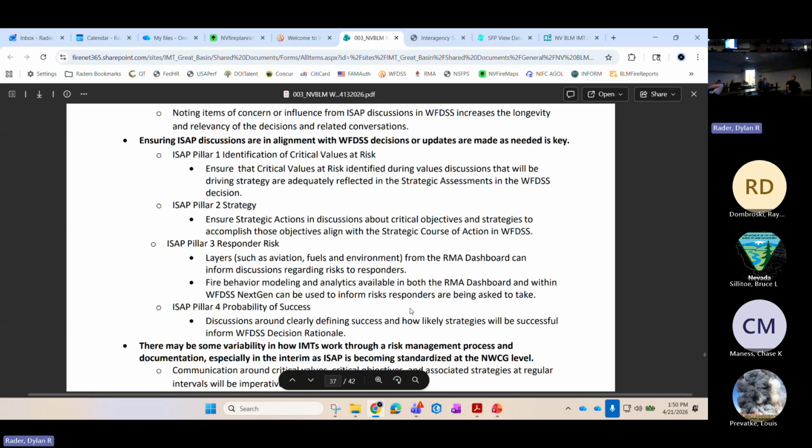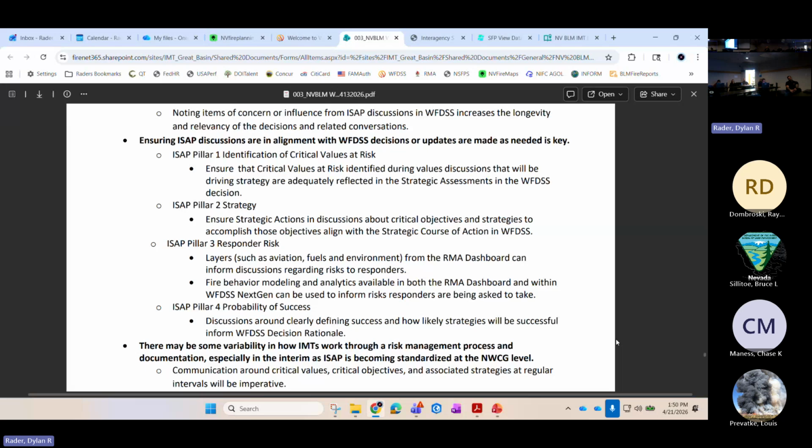And then ISAP pillar 4 is probability of success. Once you've gone through that whole process, you've identified what those strategic options are, you've identified what your values are, you've identified option A, B, or C based off of risk. You decide what strategic option you are going to employ, and then you have that discussion around clearly defining what success is and what likely strategies will be successful.